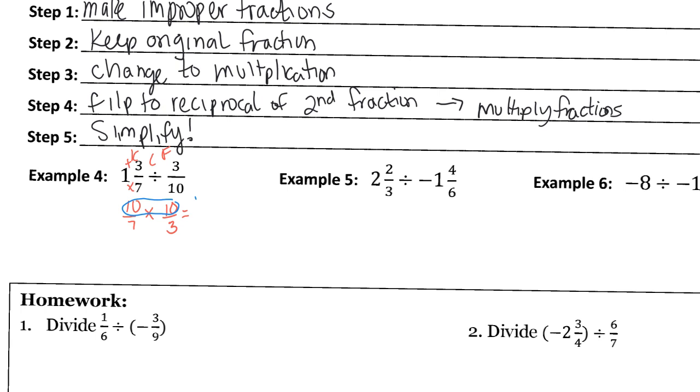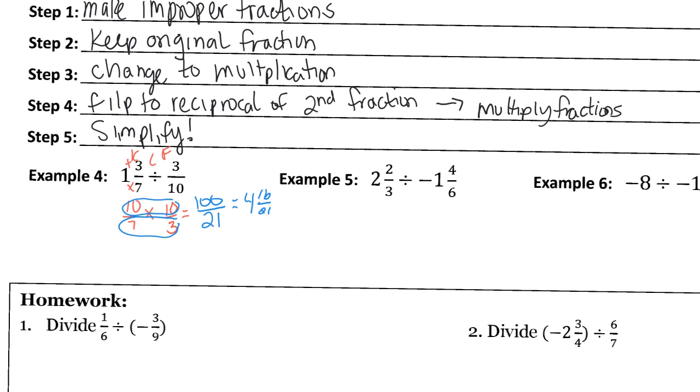So we do 10 times 10 is 100, and 7 times 3 is 21. Simplify that: 21 goes into 100 only 4 times, which would be 84. So 100 minus 84 is 16 over 21. So that's our answer.